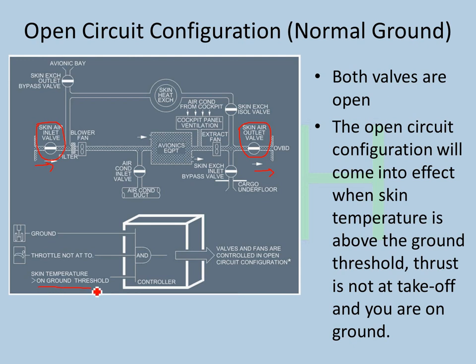What is the ground threshold? 12 degrees and increasing, or 9 degrees and decreasing. So if the skin temperature of the aircraft is above the ground threshold, thrust is not at takeoff, and you are on the ground, then this comes into the picture. This generally happens when you're parked.